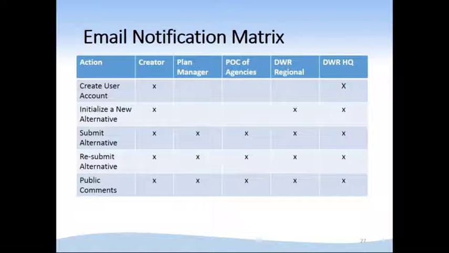Initializing a new alternative, the person doing that at the local agency level will get an email, as well as DWR HQ and our region office representatives. And when submitting an alternative, everyone, being the plan manager, points of contact, and DWR representatives, will be emailed when an alternative is submitted, resubmitted, or when a public comment is received.